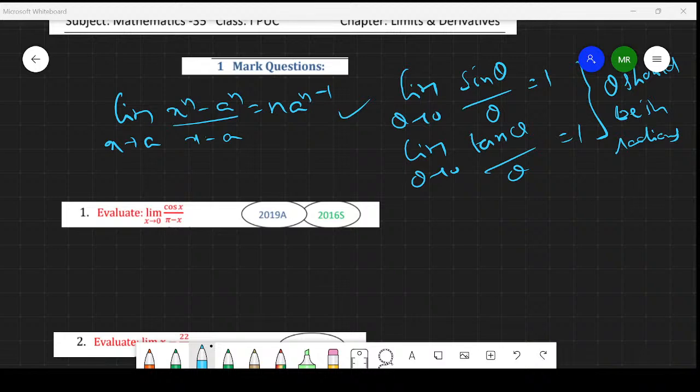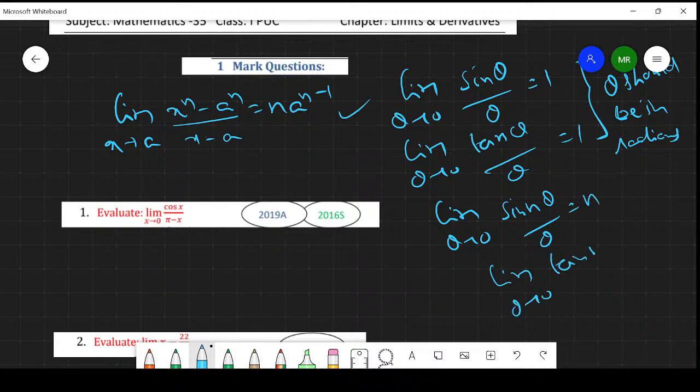I can also use these two formulae another way: limit theta tends to 0, sin n theta by theta equals n, and limit theta tends to 0, tan n theta by theta is equal to n.